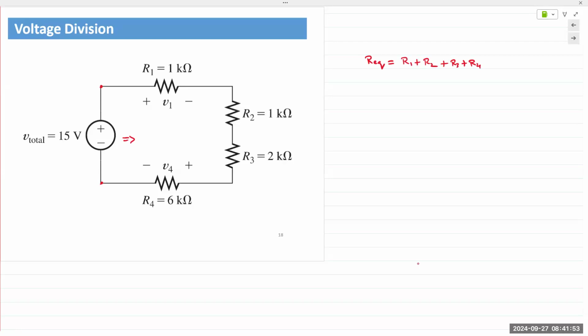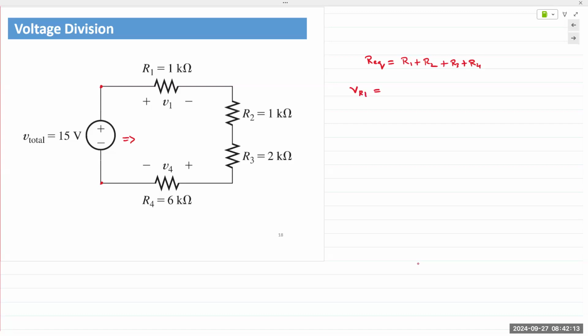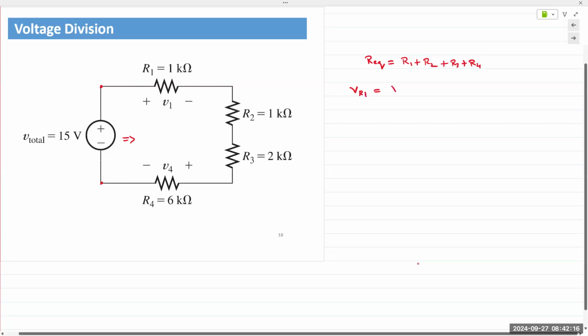And because we are applying one voltage to a series connection of resistors, a fraction of that total voltage will appear across each resistor. And that means VR1, voltage across R1 should be a fraction of V total.